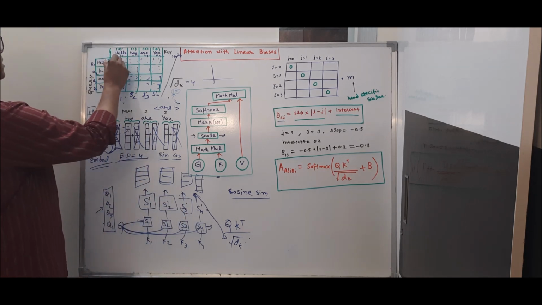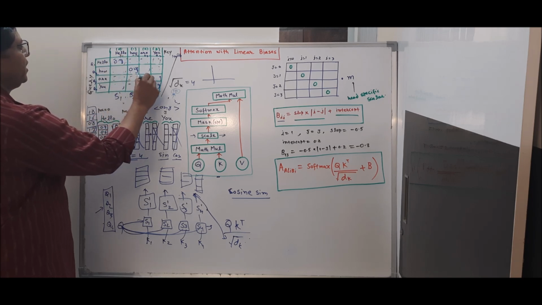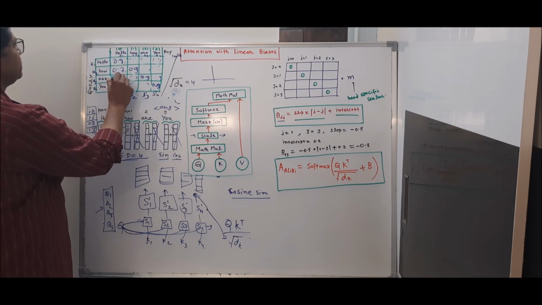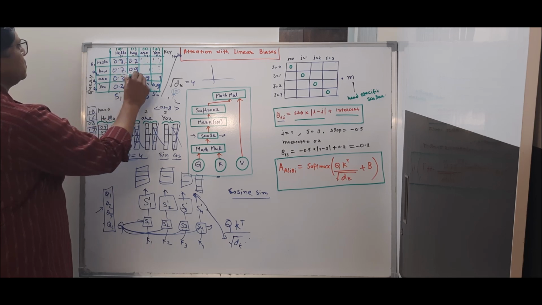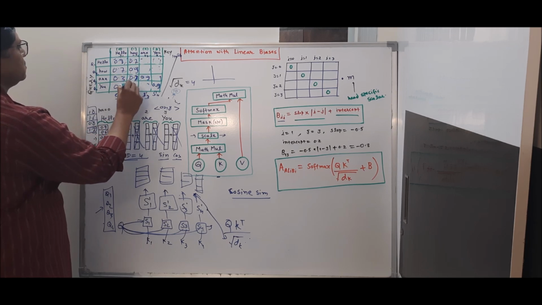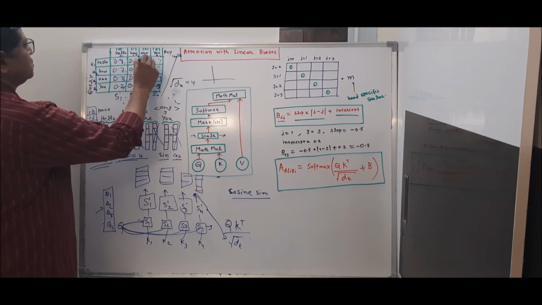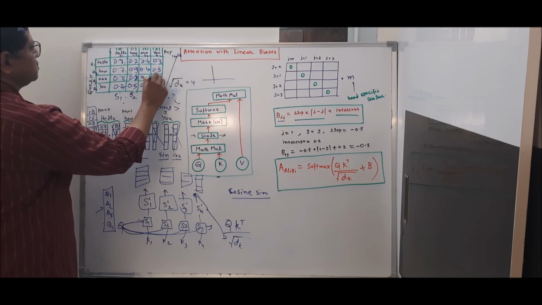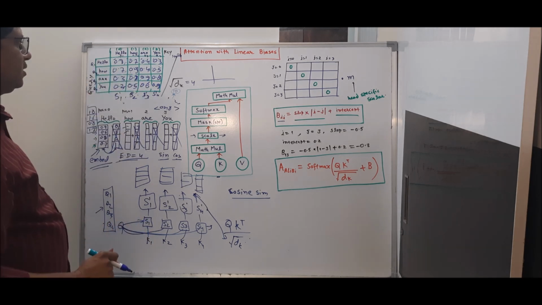So suppose now here we have 0.8, 0.9, 0.9, 0.9. So this is our new data.